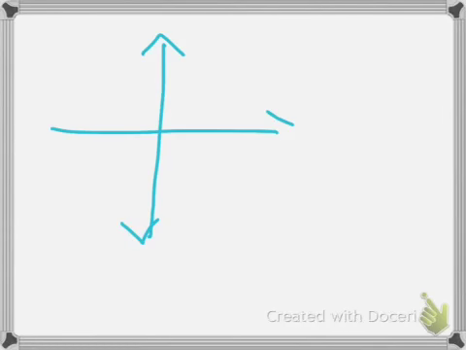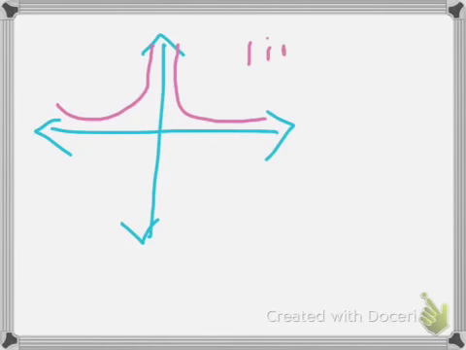Okay, let's look at a graph. Say our graph looks like this. We have one side going like that, and then the other side going like that. We want to know the limit of f of x as x approaches positive infinity.